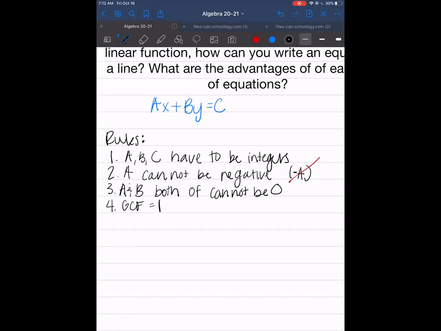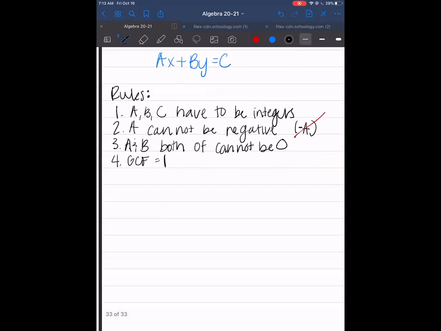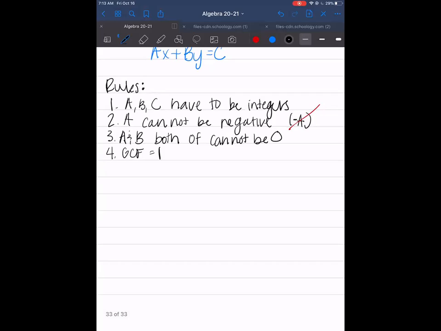Now, you might be wondering, why is this even a thing when we have easier forms that don't have so many rules? Well, the big thing about standard form is it's very easy to find our y-intercept, just like the other forms, but this one is also easy to find the x-intercept, or the 0 of the equation.